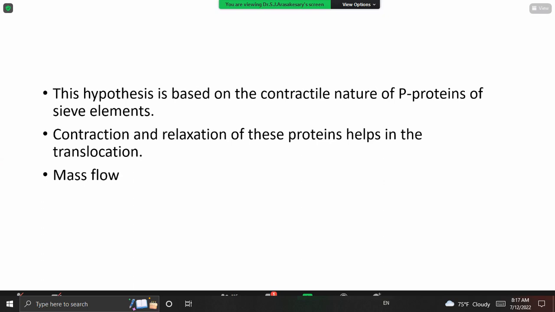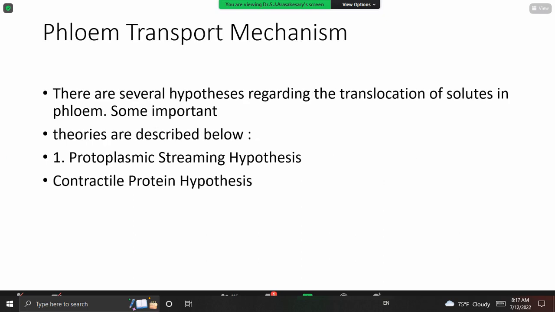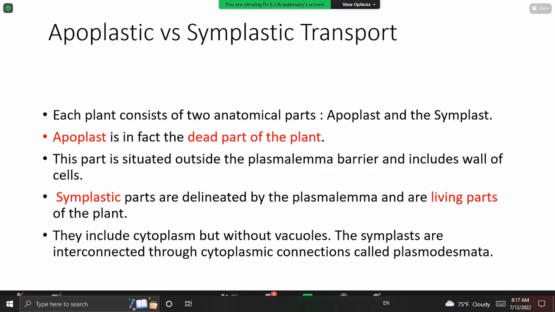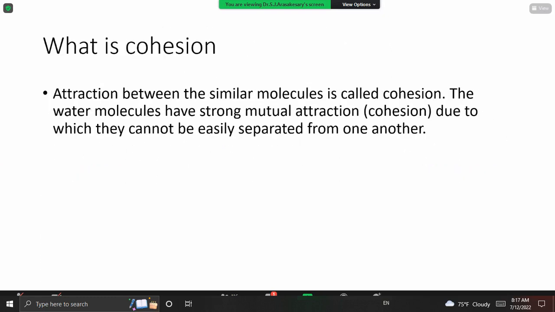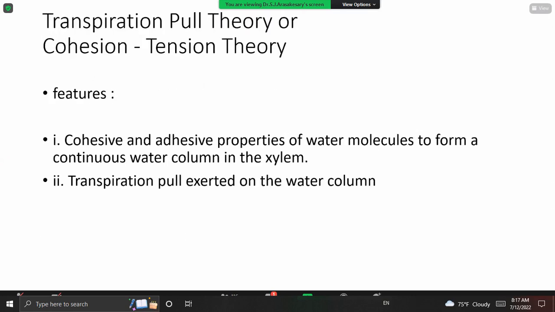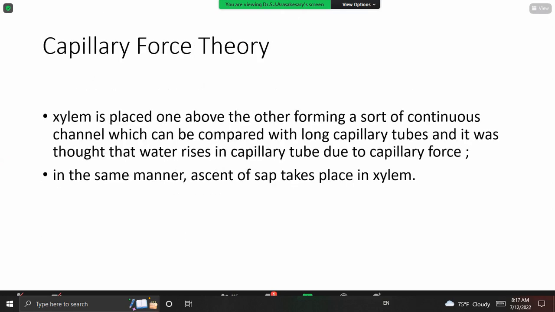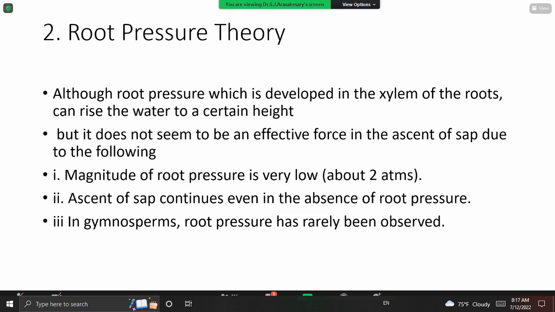These three are very much important in translocation of water and minerals. Okay, so we will have 5 minutes for the discussion. Apoplastic movement, symplastic transport, and we have all things. When you study, it will be understood. Okay, so now I will come from the top. We will have a small revision.